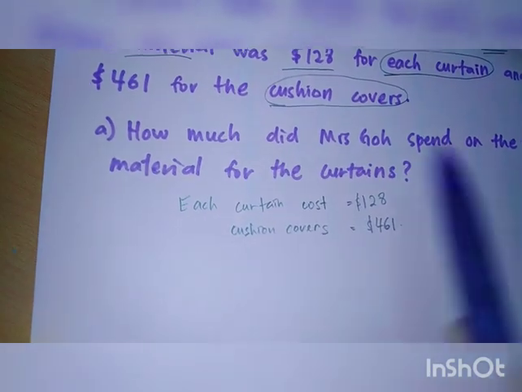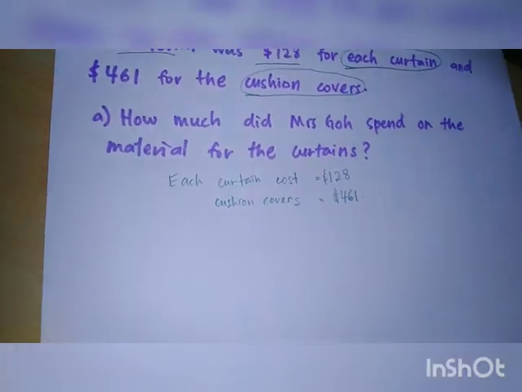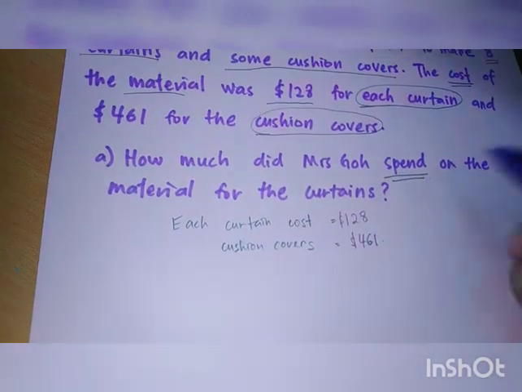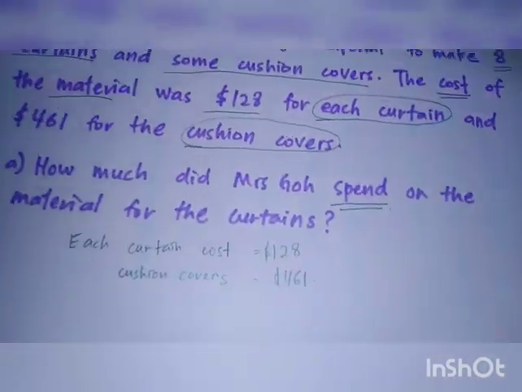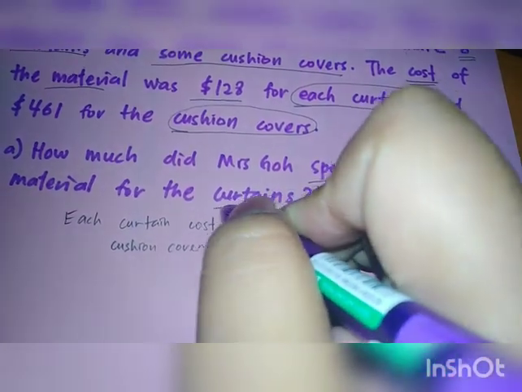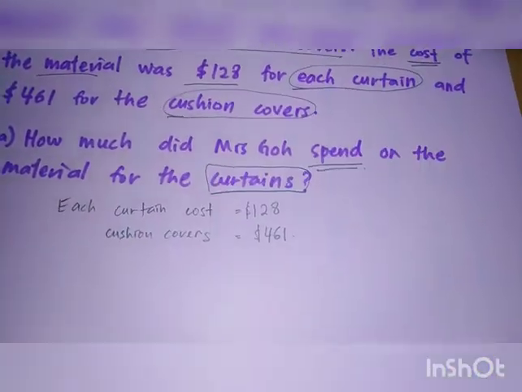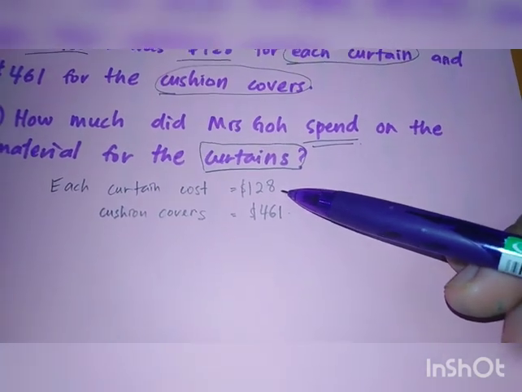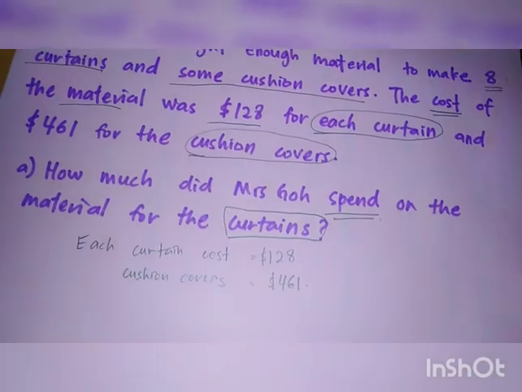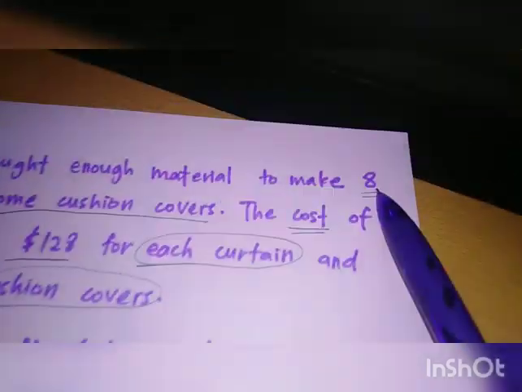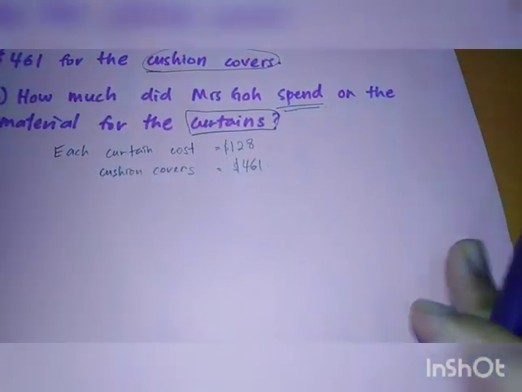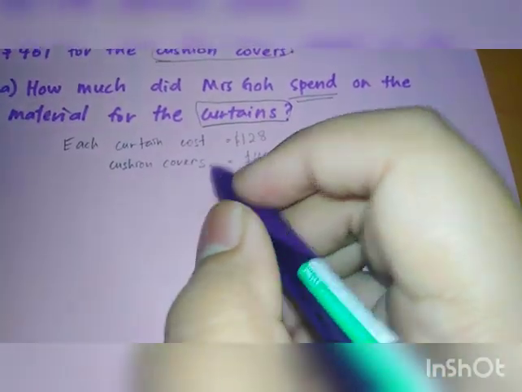So in question A, how much did Mrs. Go spend on the material for the curtains? How much did she spend? Spend means that you need to find the cost, for the curtain or the cushion cover, but the question asked here is for the curtains. One curtain we know is $128, and she made 8 curtains. So to find the answer we multiply by 8.